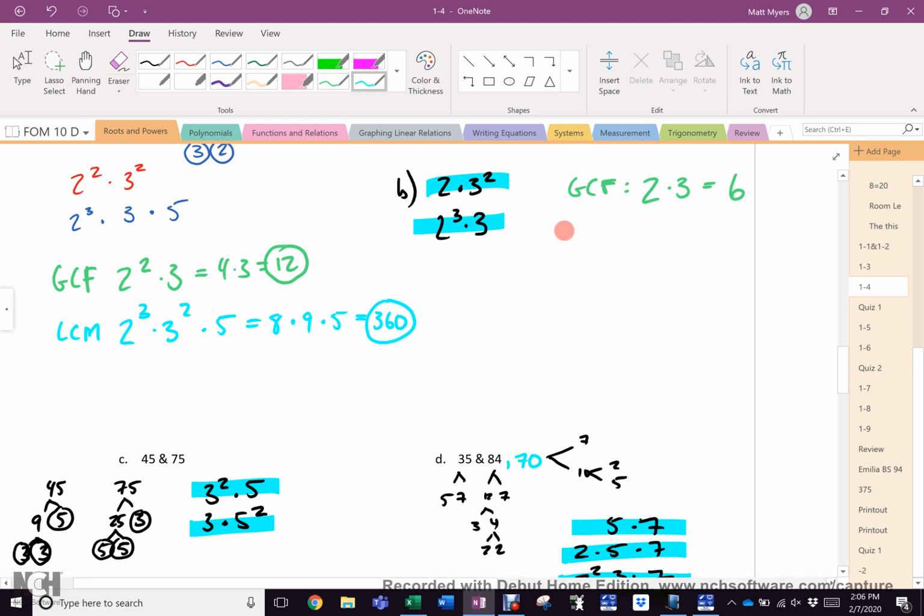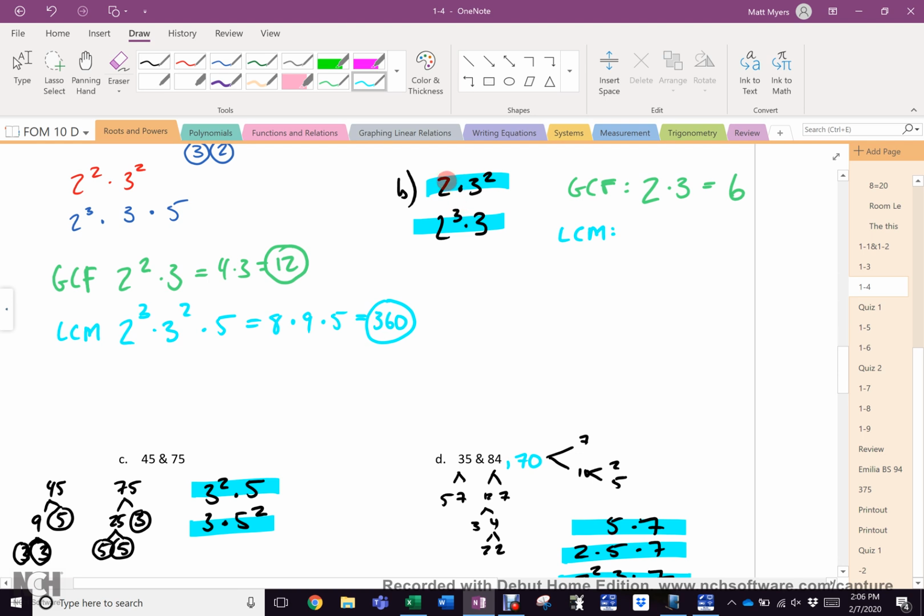Lowest common multiple. Multiples are bigger, right? Multiples are bigger. So I have to count everything. 2 cubed.